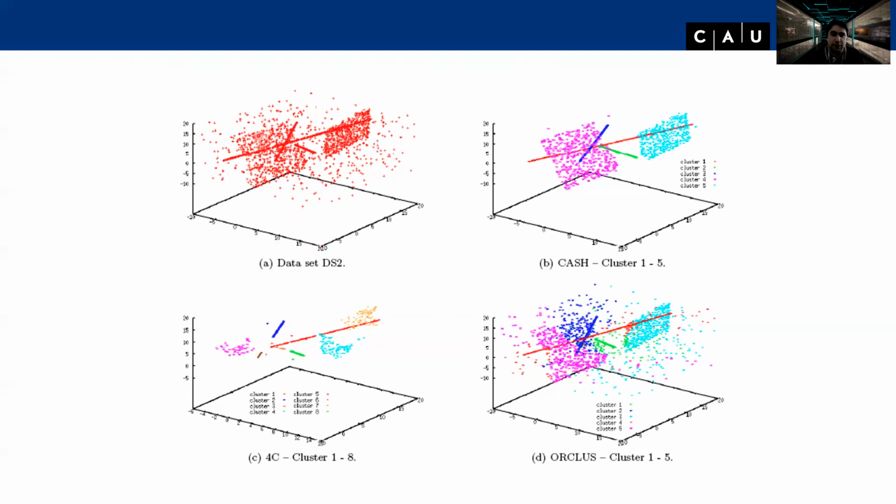Also here you see more dense and less dense areas. So whenever it comes to density irregularities, you do not have one uniform density, something like 4C may get into trouble. It detects clusters, but not those of the ground truth, which we are actually hoping to find.